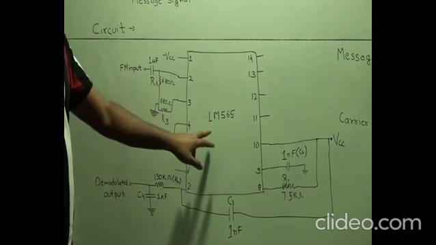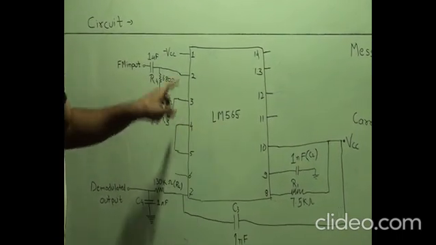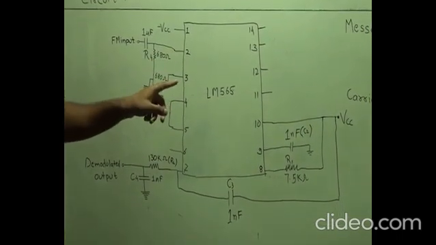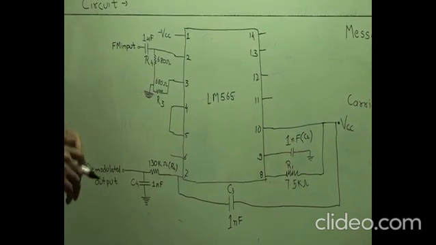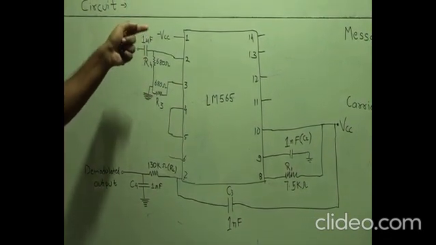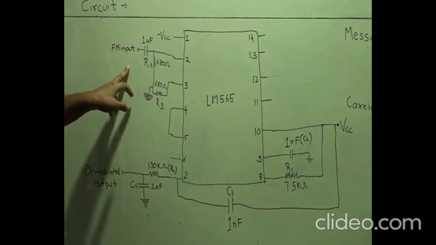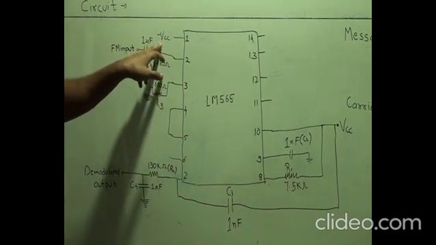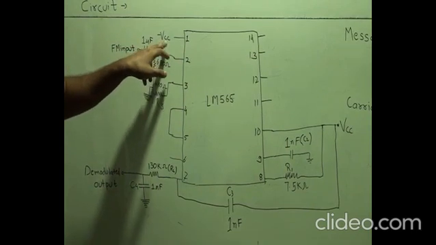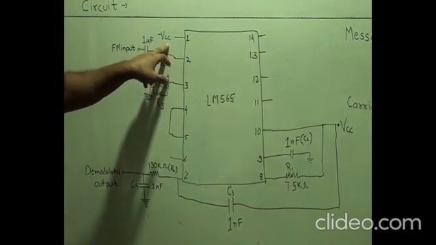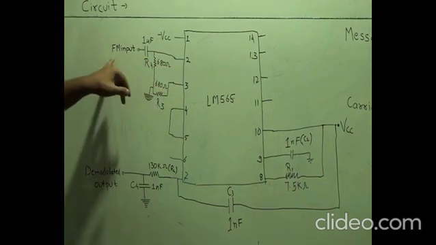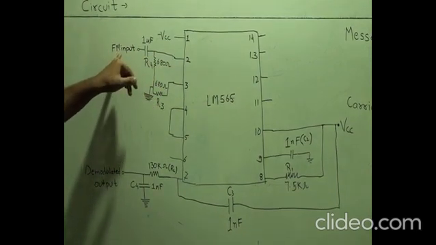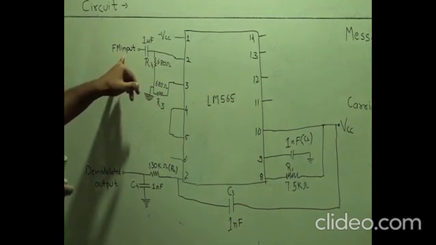So here is the circuit diagram. Here we are using LM565. There are a total of 14 pins, as you can see. Here we can see what inputs you have to give on each pin. On the first pin we will give the negative voltage of VCC. Here we will take it as 5 volt. On the second pin we will give the FM input, means frequency modulated signal.